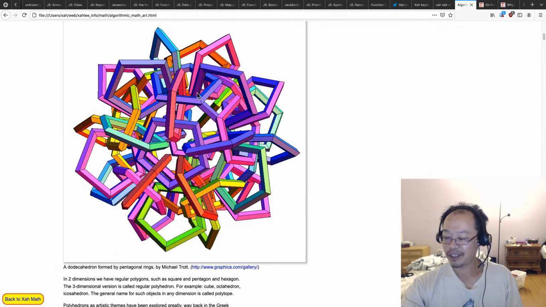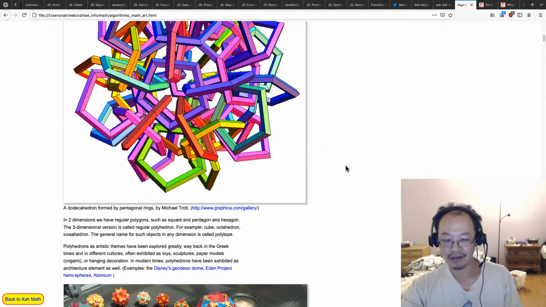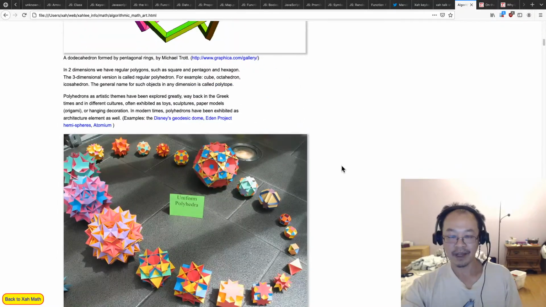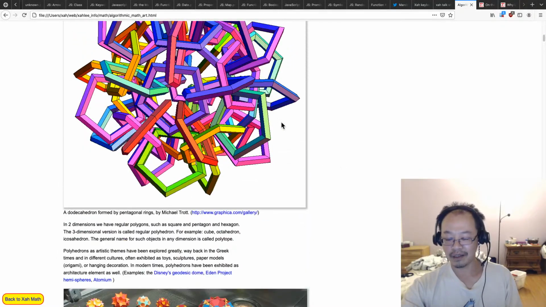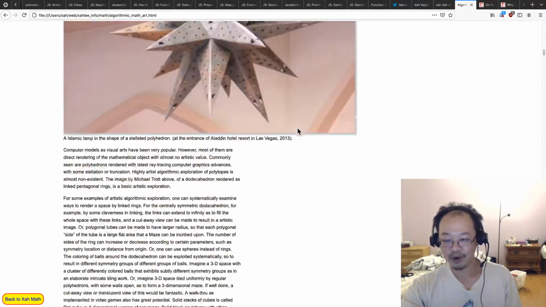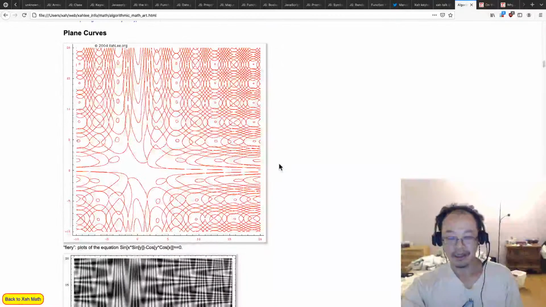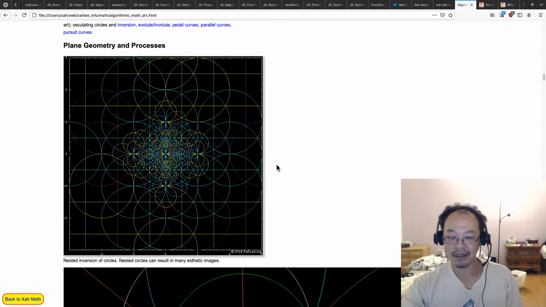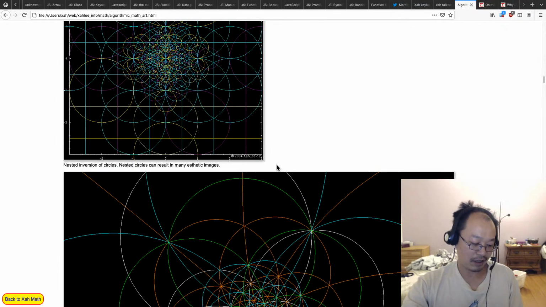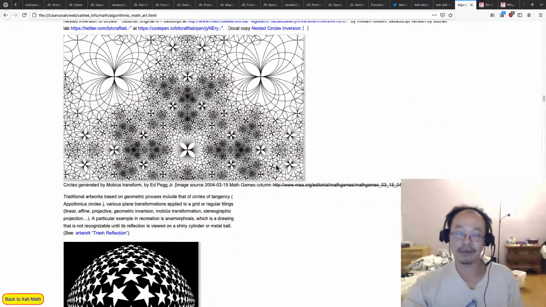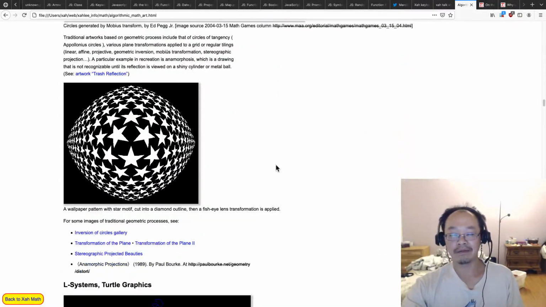This is a polyhedron, rings for decorative purposes. This one is a dodecahedron, and you have more of that. These kinds of images are fairly popular. Sine and cosine plots, and again, this is inversion. This is called inversion. I need to talk about it some other day, but anyway.